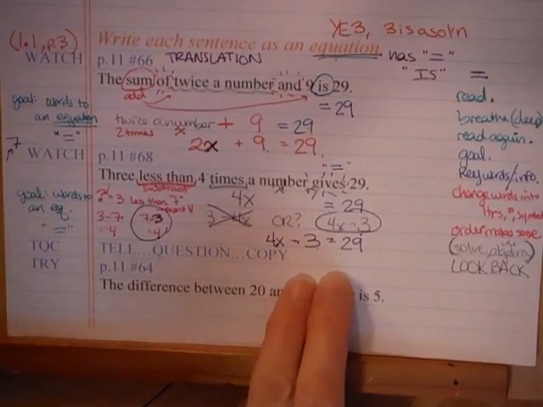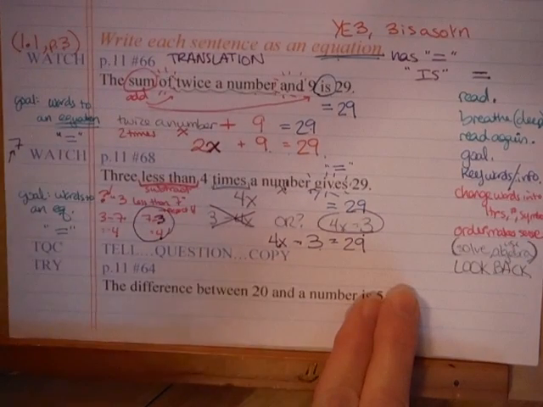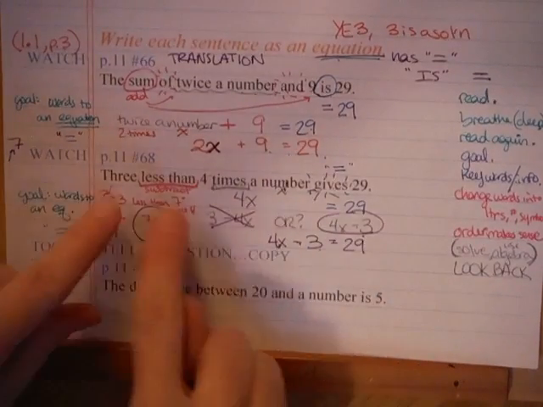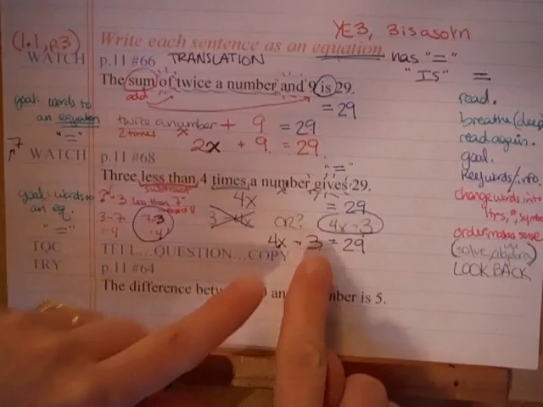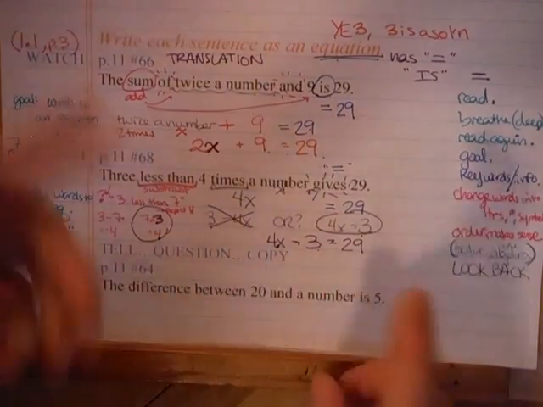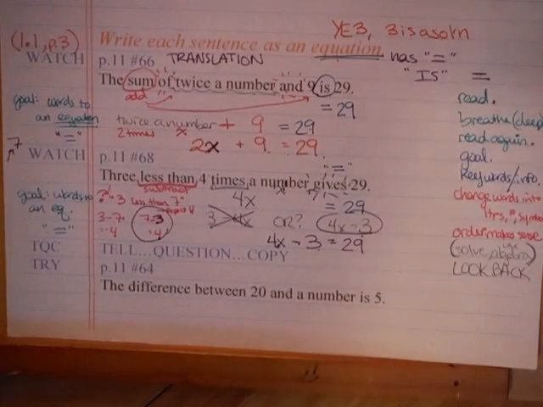In English, we would say a white house. In Spanish, we would say Casa Blanca, house white. Similar with this, we say 3 less than 4 times a number, but mathematically we need to write it as 4x minus 3. So just watch for those little sticky points in translation and build your confidence in that.